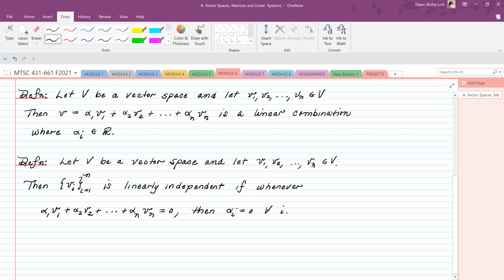So anytime you have a linear combination of the vectors in V and you set it equal to 0 and all the alpha i's have to be 0, then it's linearly independent.